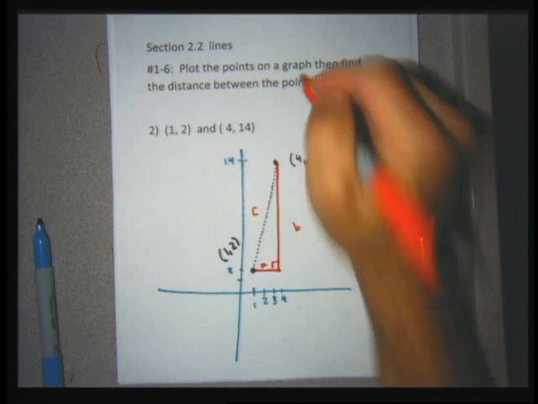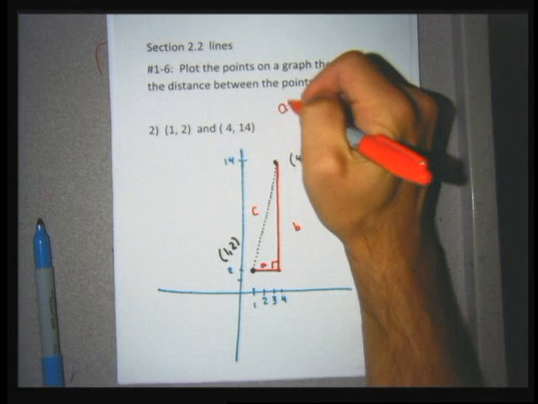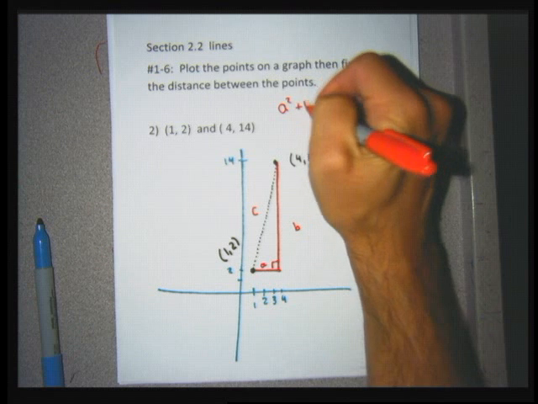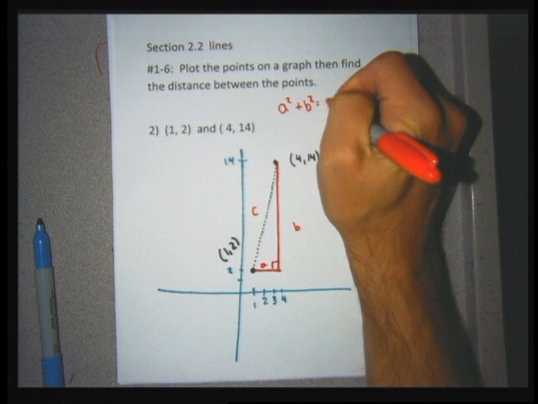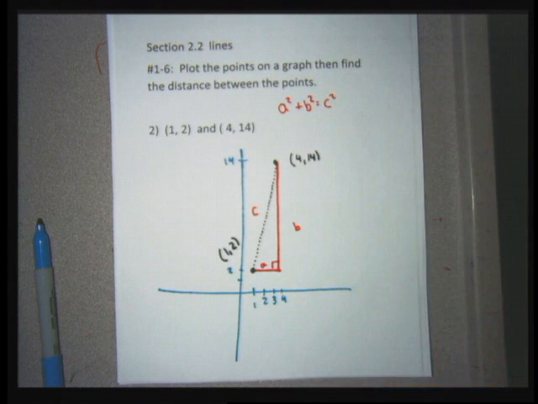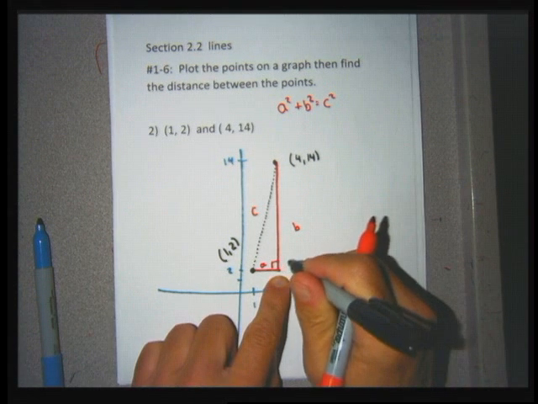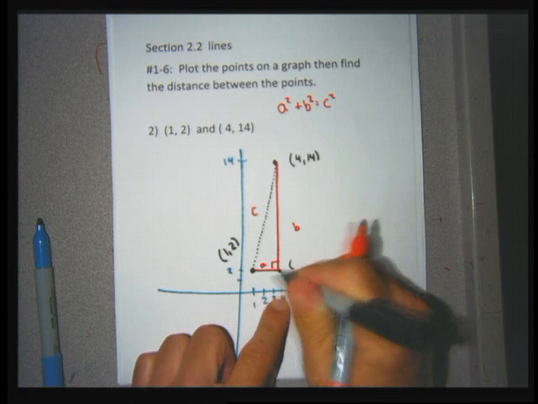I'm going to use the formula a squared plus b squared equals c squared to figure out what c is. And in order to use the formula, I need values for a and b. I need to know that this point right here is the point 4, 2.